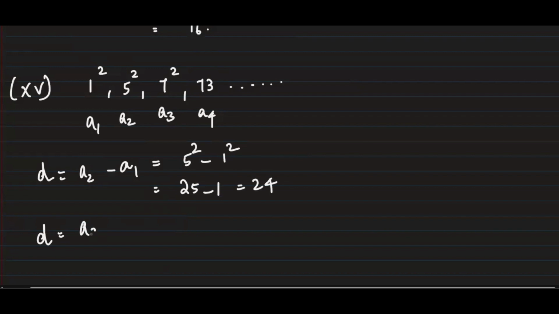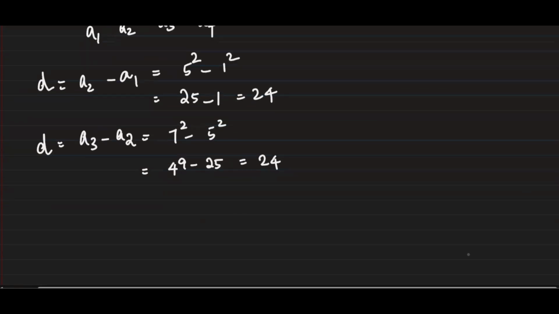Now again we will find A3 minus A2. A3 is 7 square. So 7 square minus 5 square. So 7 square is 7 into 7, become 49. 5 square will become 5 into 5, become 25. So 49 minus 25 is again 24. Okay. So the D value is actually same. Okay, now let's find one more D value also, just for our understanding.